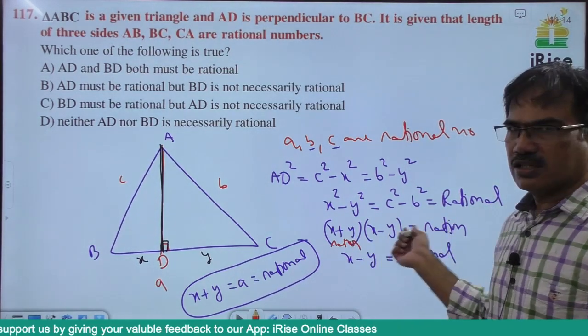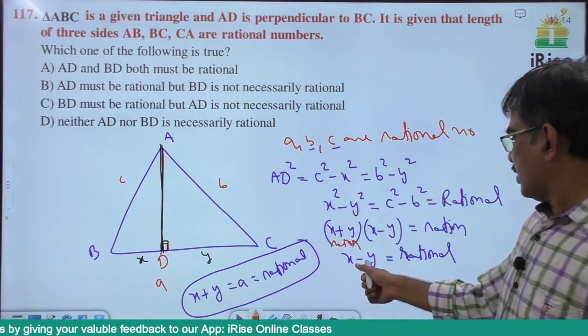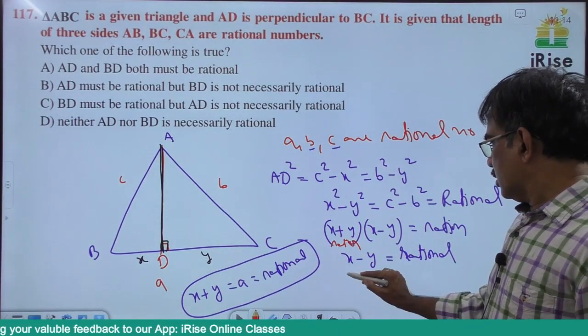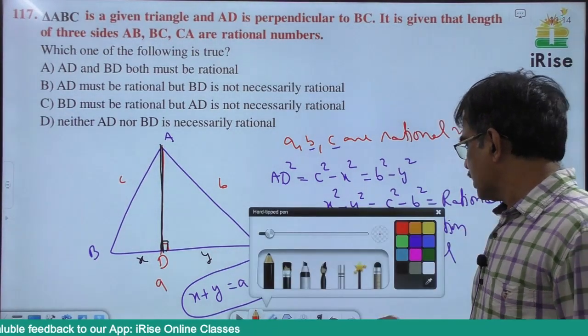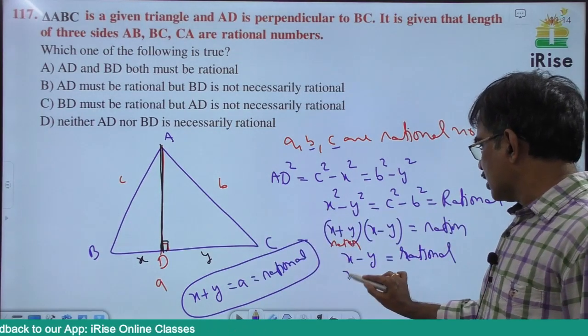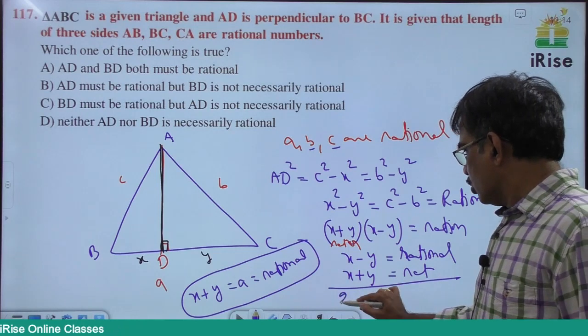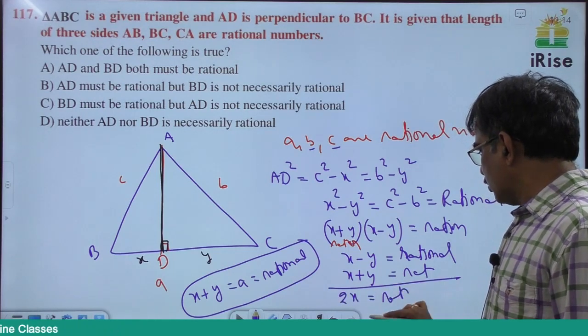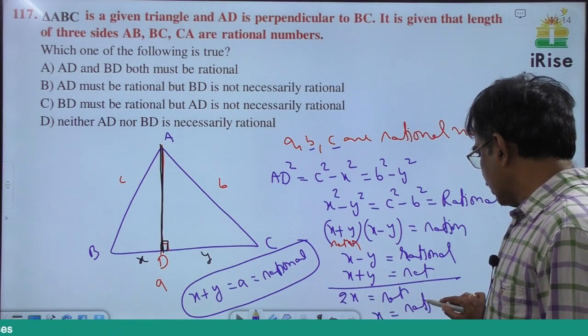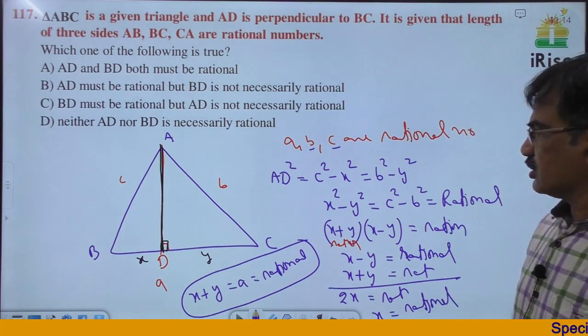Rational into irrational is not rational, please. So X minus Y must be rational. From this we can say that X minus Y is rational, X plus Y is also a rational number. I want to add, 2X is equal to a rational number. So X must be rational. Please understand the concept.